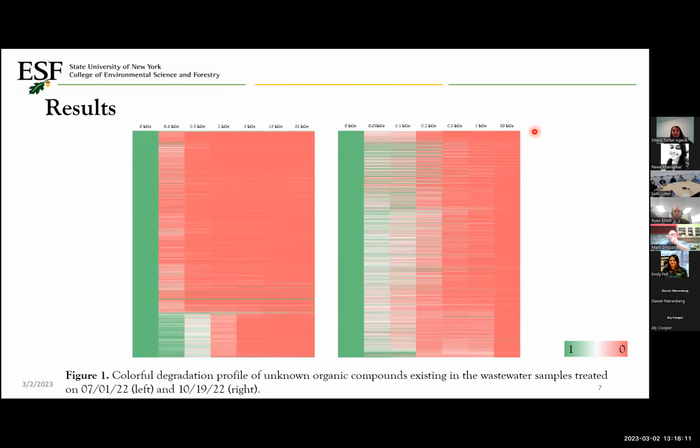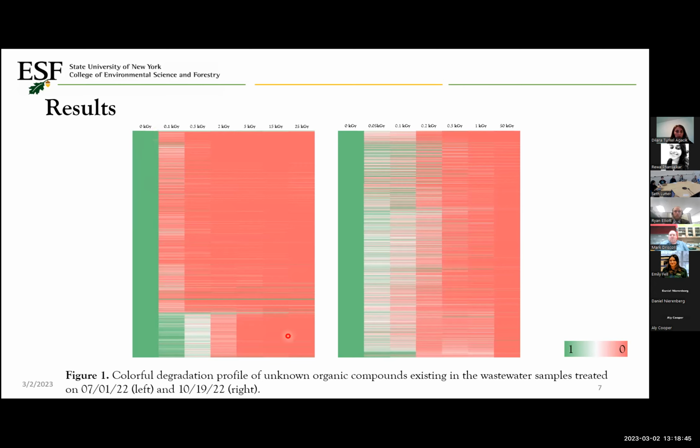Okay, these two heat maps show the colorful degradation profile of the two batches, depending on the irradiation doses. We got more than 10,000 features, in other words, more than 10,000 compounds in the wastewater for both analyses. The first column of the tables represents the results for non-irradiated samples.